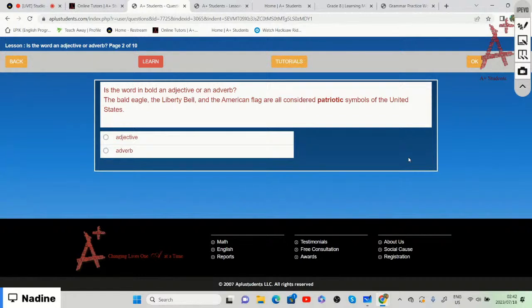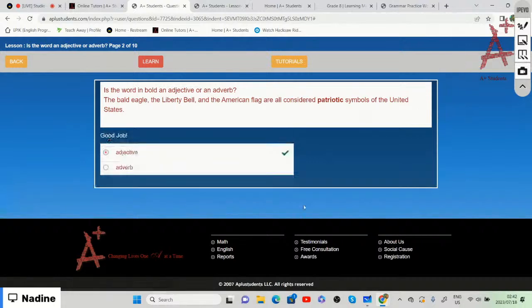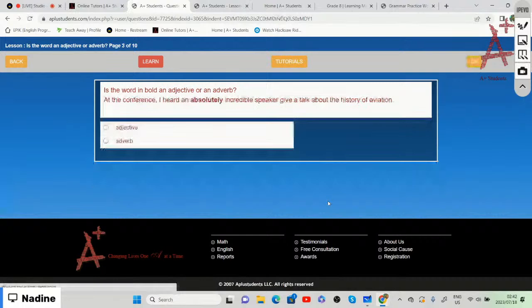Patriotic symbol. All right, so if it's a patriotic symbol, let us choose an adjective, which describes the symbol. Because if we had to say patriotically, it would have been an adverb, right?